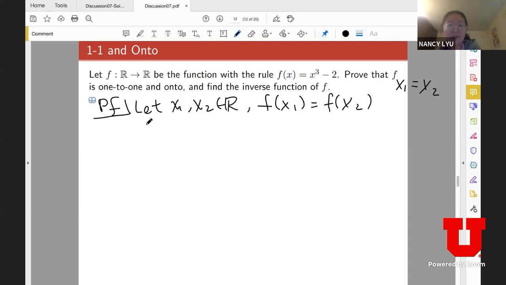So if we plug in, we have x1 cubed minus 2 and x2 cubed minus 2. And then we add 2 on both sides. We have x1 cubed equals x2 cubed. And this means x1 is equal to x2.